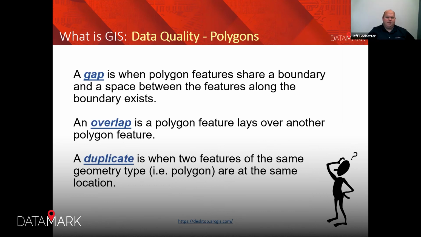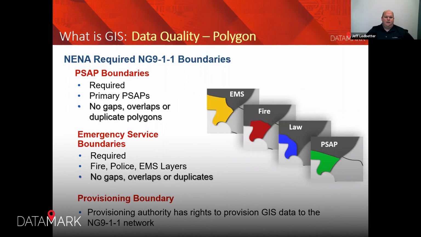If you move to the next slide, please. In NextGen 911, for example, this is an important data quality metric. PSAP boundaries, emergency service boundaries, and provisioning boundaries are polygons, and none of them can have gaps, overlaps, or duplicate polygons because the software elements that will be interpreting the data are going to do a point-in-polygon query, and it's going to take the first answer.